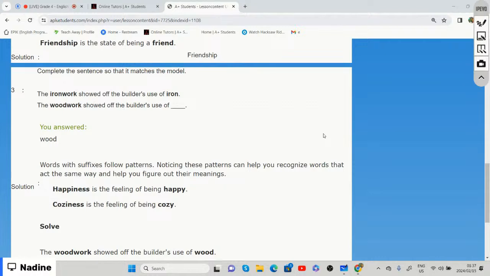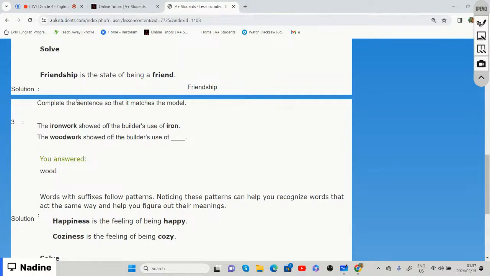Ironwork shows off the builder's use of iron. But now woodwork, it shows the builder's use of what? If ironwork shows off the builder's use of iron, then woodwork shows off the builder's use of what?